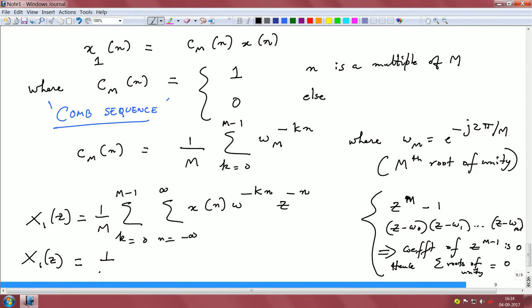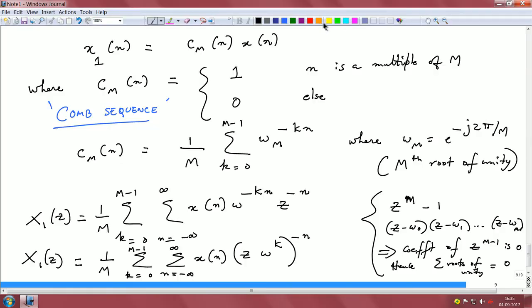This is 1 upon m, summation k equals 0 to m minus 1, summation n equals minus infinity to plus infinity x of n times z omega power k, power minus n.